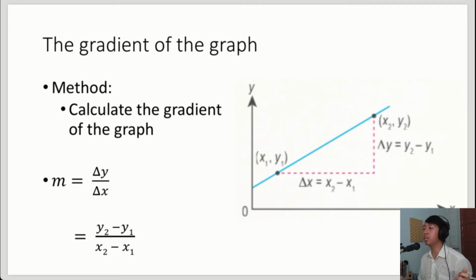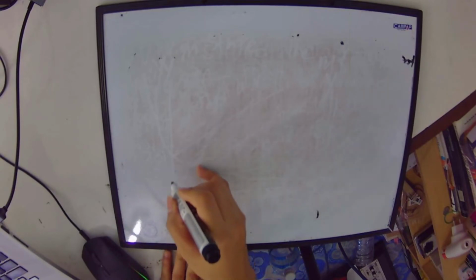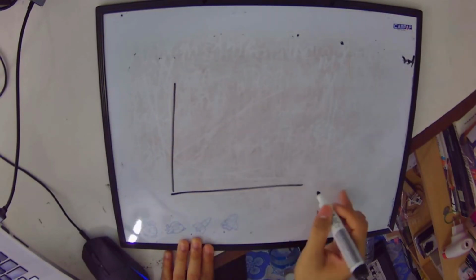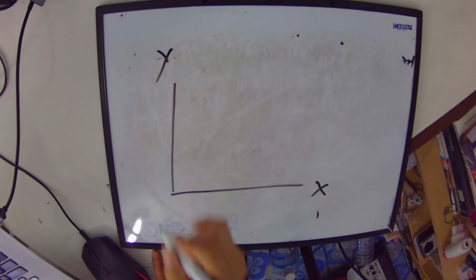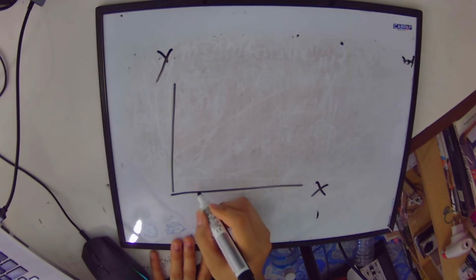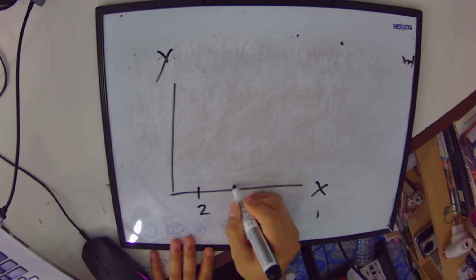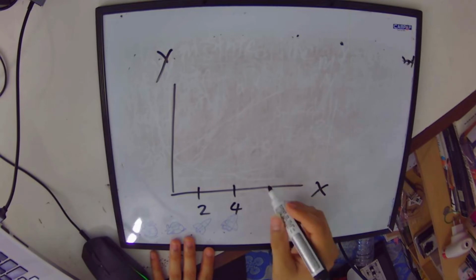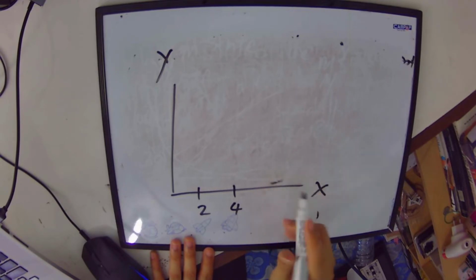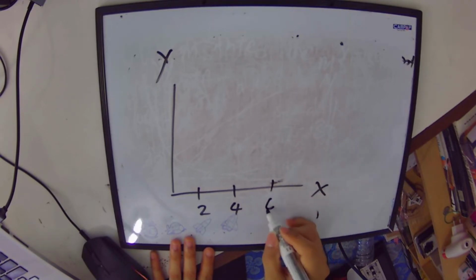Okay, kamu sudah belajar ini, m equals y2 minus y1 over x2 minus x1. So if we try an example here. So kalau kita buat contoh, let's say kita ada x and y. And let's go 1, 2, 4, and 6.